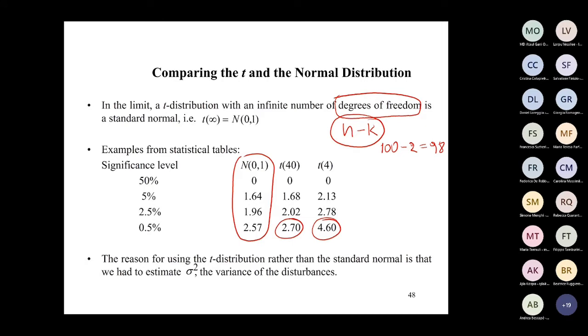So the critical values from the t are always higher than the critical values from the normal.